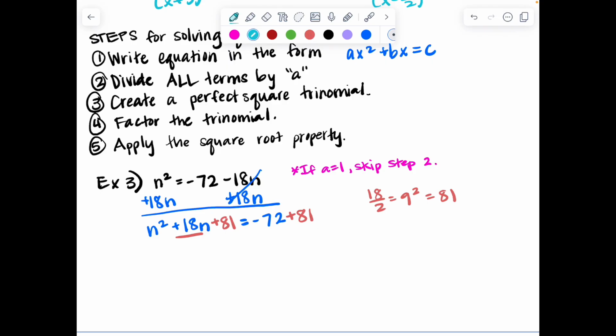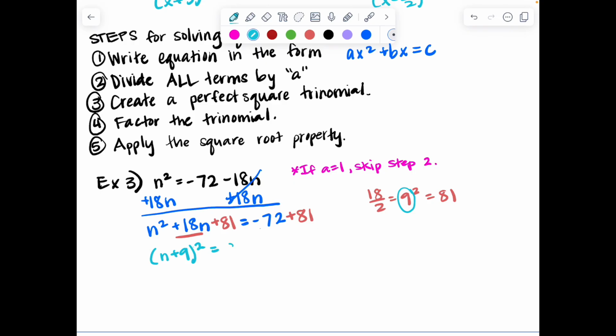So now, if I factor the left side, I end up with n plus 9. Remember, I'm taking the square root of n squared and 81, or you can just remember that 9 was half of b.